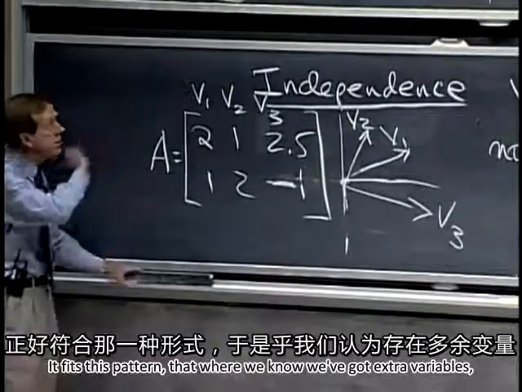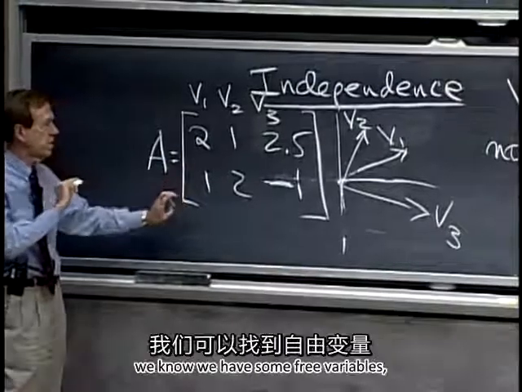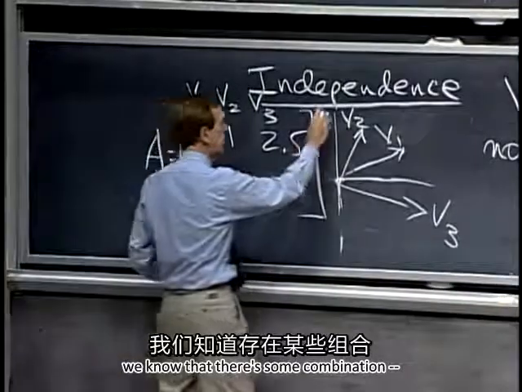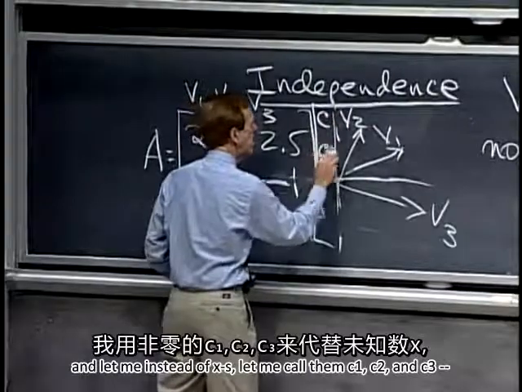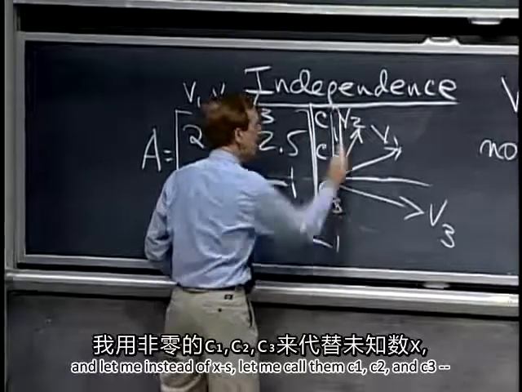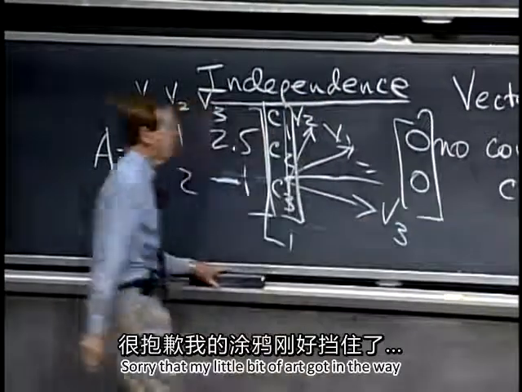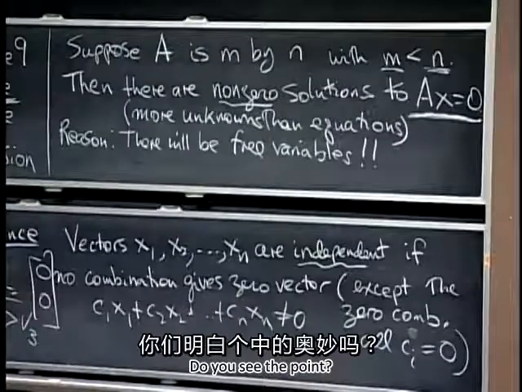It fits this pattern where we know we've got extra variables, we know we have some free variables, we know that there's some combination, and let me, instead of x's, let me call them c1, c2, and c3, that gives the 0 vector. Sorry that my little bit of art got in the way. Do you see the point?